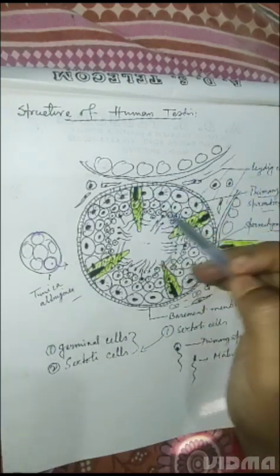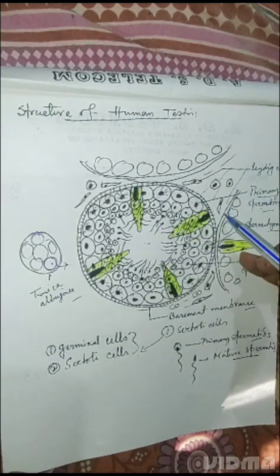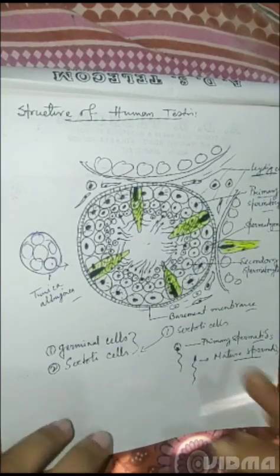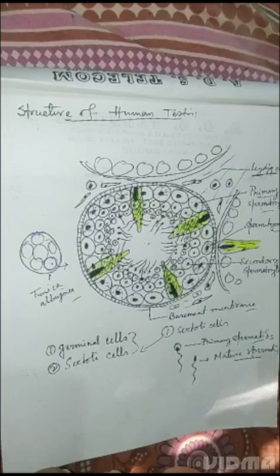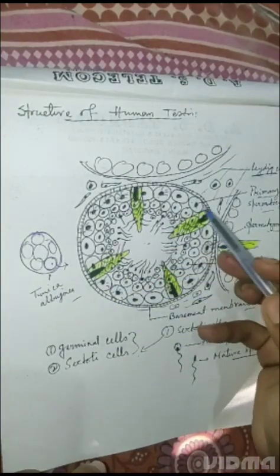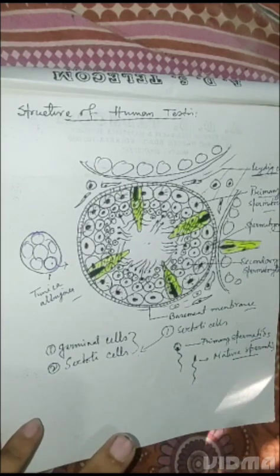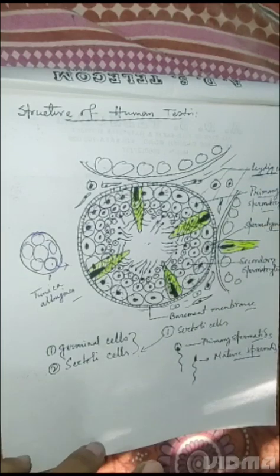In between two or three seminiferous tubules, there is always a Leydig cell present, which is the endocrine part of the testis. Many of you think that the whole testis is secreting androgens, you can say testosterone or this kind of thing, but that is not correct. The correct thing is only the Leydig cell part can secrete hormone.